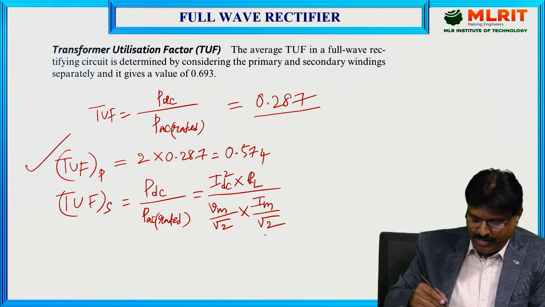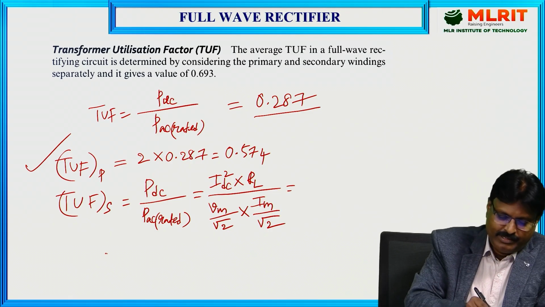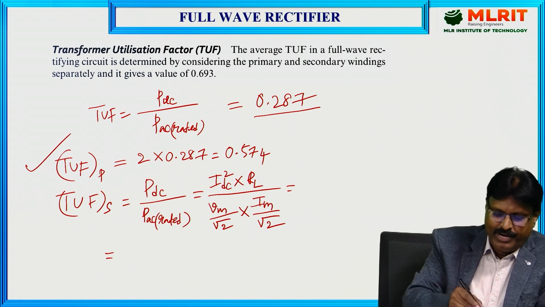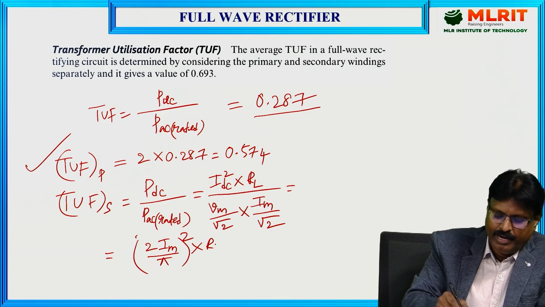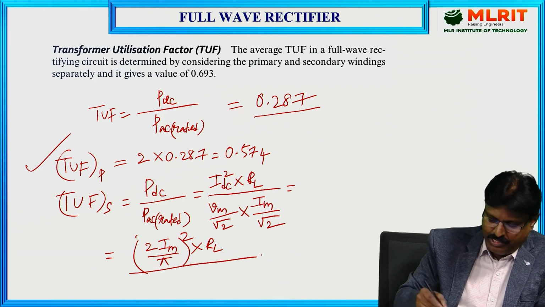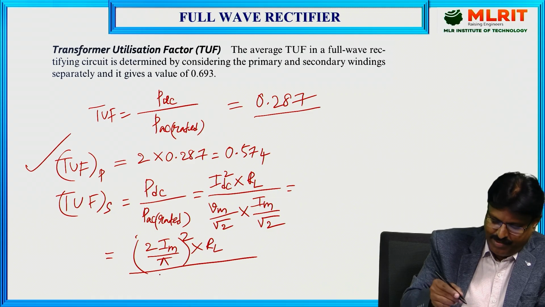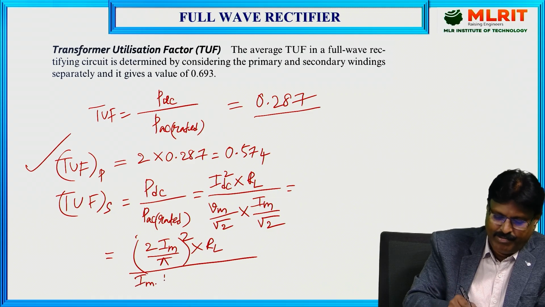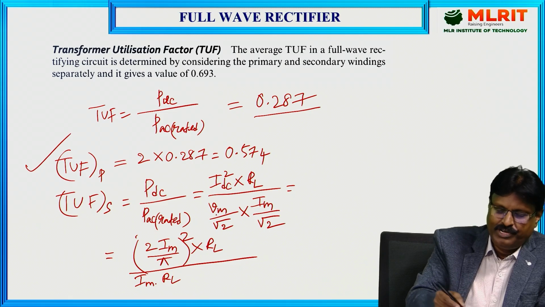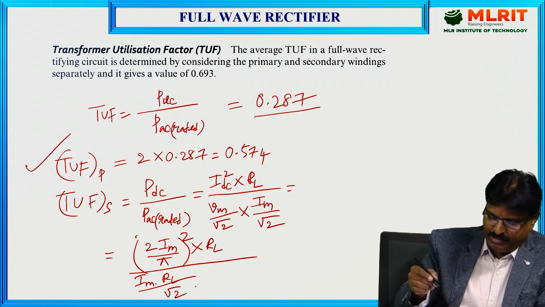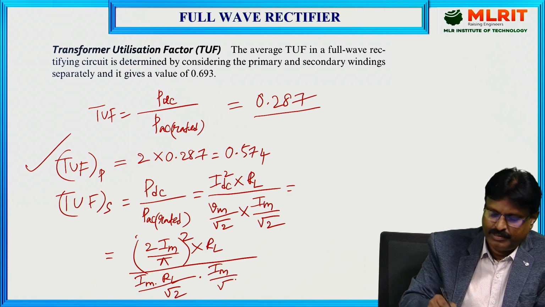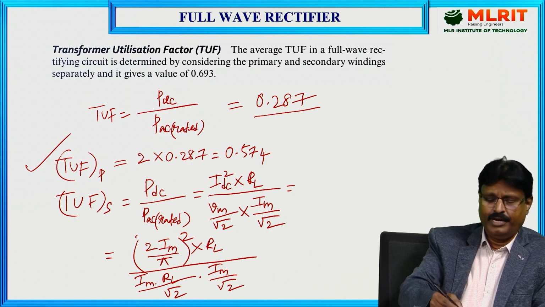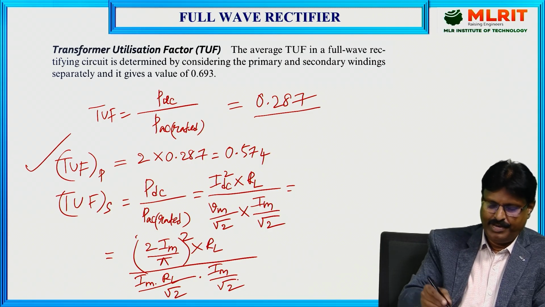So if you write the values here, IDC value, what is the IDC value we got? 2 Im by pi, whole square into RL, upon Vm by root 2 into Im by root 2.